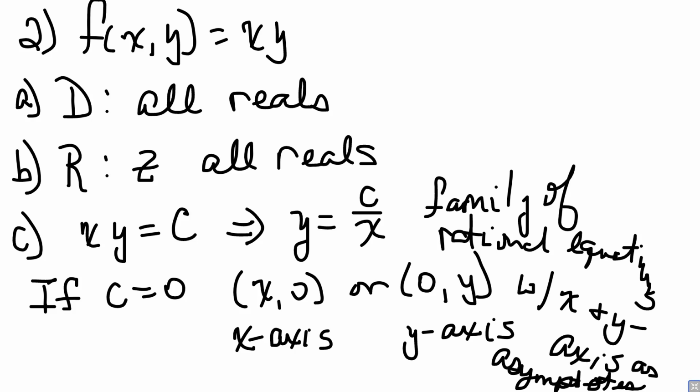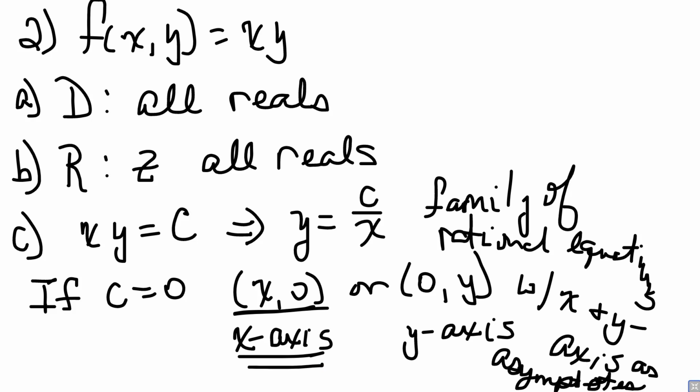So basically, if we let c be 0, then the only way that c can be 0 is that either x is 0 or y is 0. So if y is 0, it creates a set of points x comma 0, which is just the x-axis.